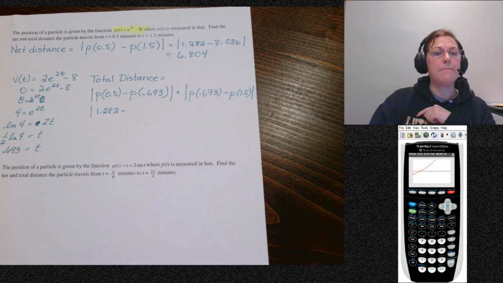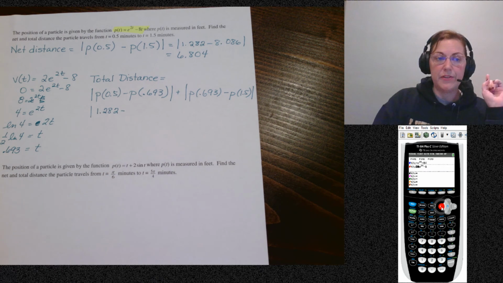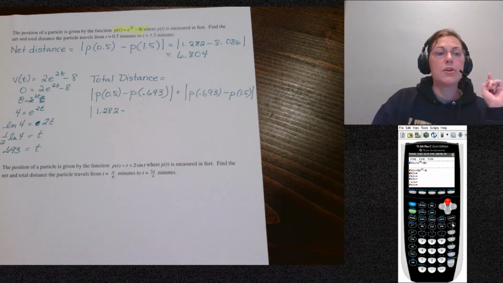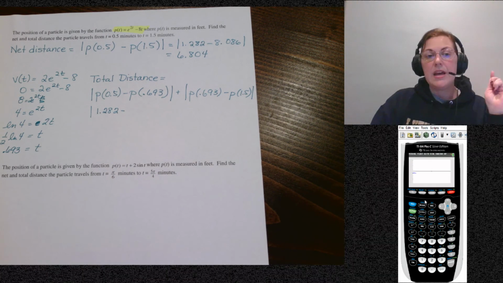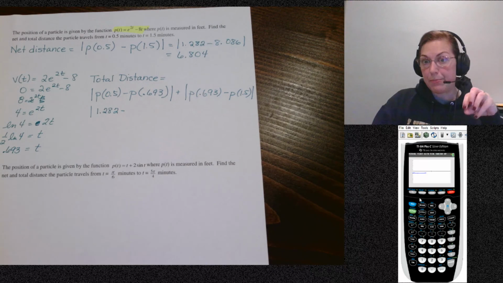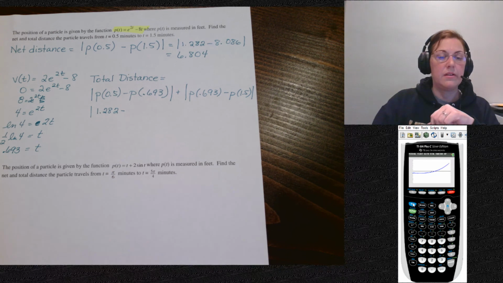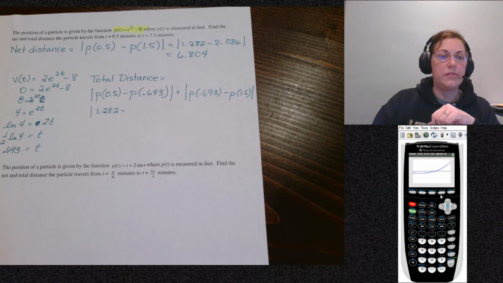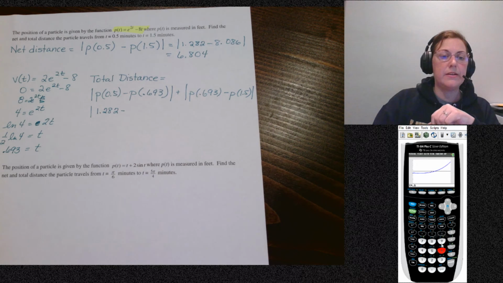Okay, so now I'm going back into my calculator. I'm going to turn off the derivative, turn back on the function, and I need to find the position at 0.693. So it's second trace option number 1 at 0.693.